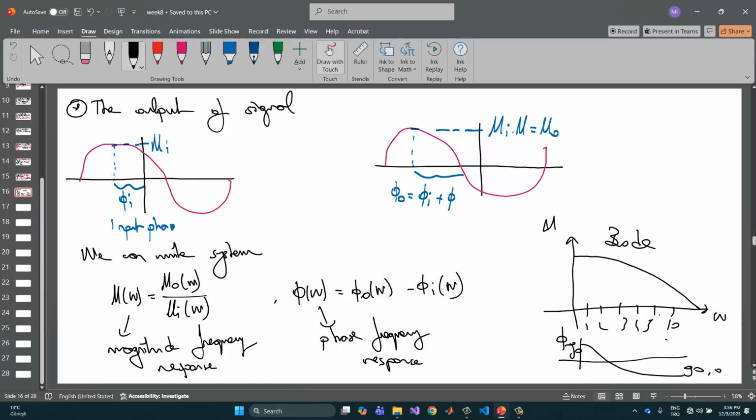Even if our system is perfect, our system cannot respond to higher frequency. And so, what is the demonstration or the proof of this? This is the magnitude frequency response. If we have the high frequency in here, just like this one, see?